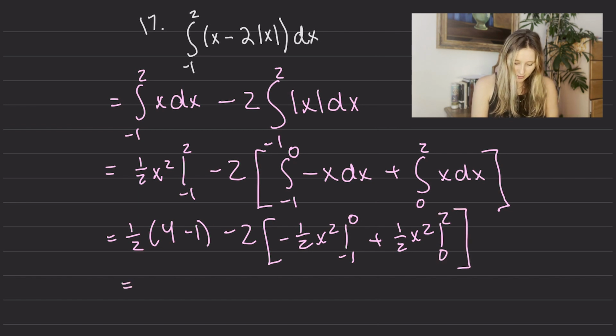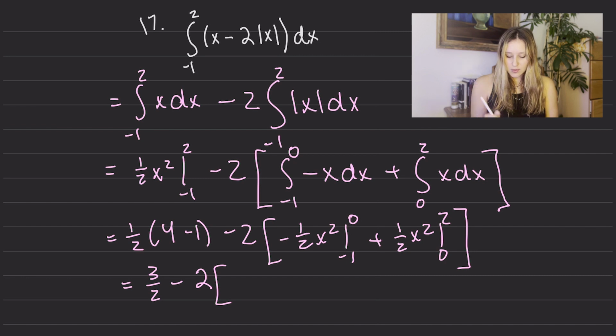Solving all of this, we get 3/2 minus 2 times 0 minus -1 is going to be 1, so we just get 1/2, or 0 minus 1 is going to be -1, and then we multiply that by -1/2, so that's going to be positive.